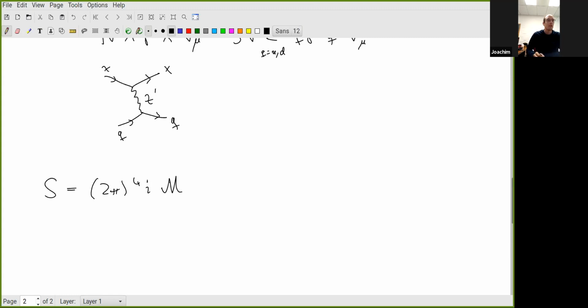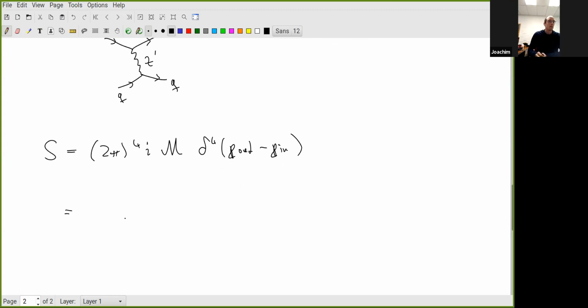There are some factors of 2 pi to the 4 and a factor of i that is factored out for convenience. Then M is the transition matrix element. If you square this thing, this will be proportional to the cross section up to the phase space factors. And then there's also a delta function that just gives you momentum conservation, so there's a delta of P out minus P in. That just ensures that momentum is conserved in this process.